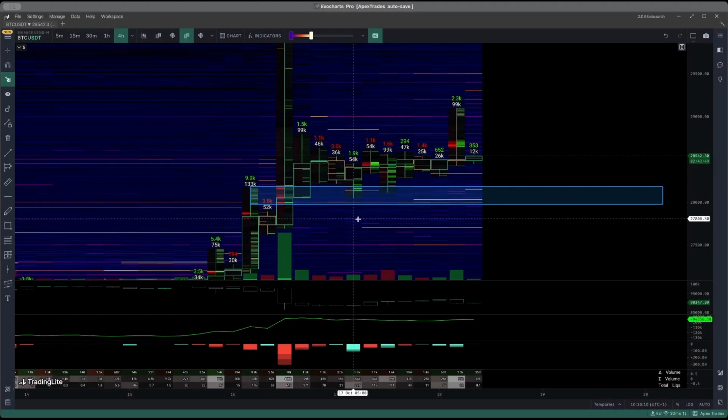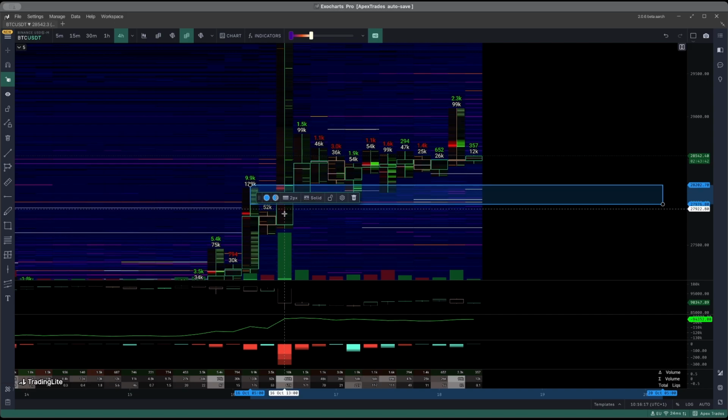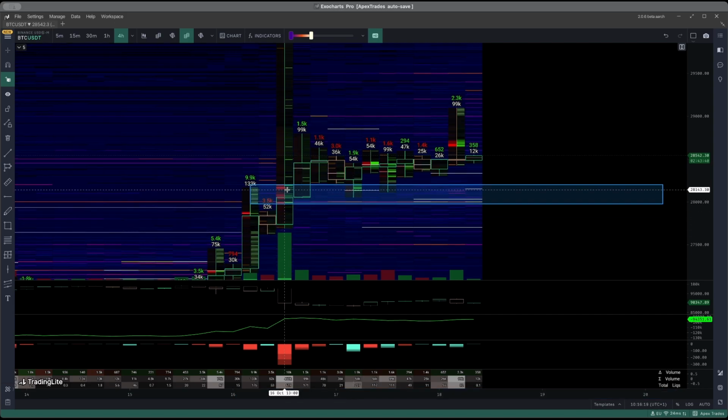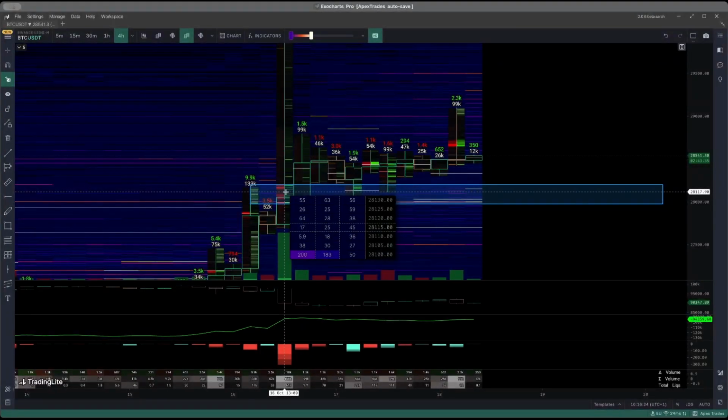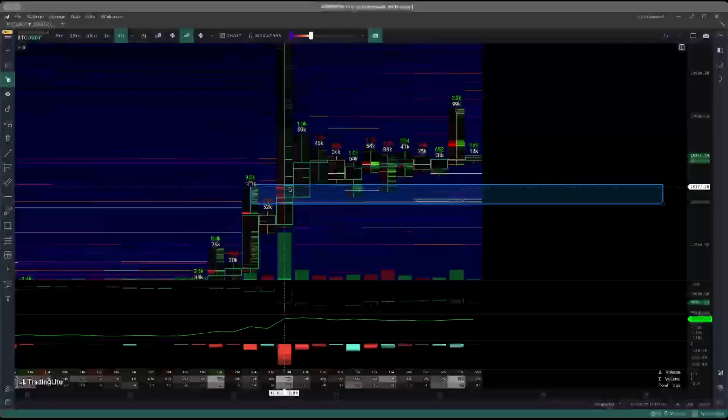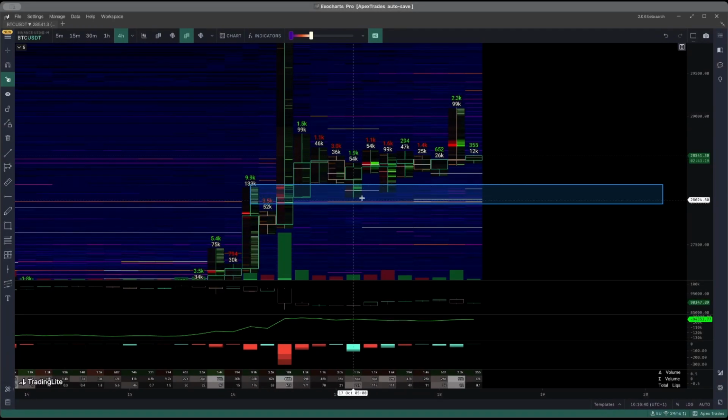Now the reality of this is really clean and easy to see, because we know where pressure comes into the market, specifically where you're getting those nice heat map colors here, where you're getting proportionately higher volume at this stage, and also the fact that we've got a lot of imbalances here tells me quite easily, without even having to second guess myself by looking at fair value gaps and everything, that is clearly a zone where it will get defended. And it got defended twice, right? It got defended here, and it also got defended here.